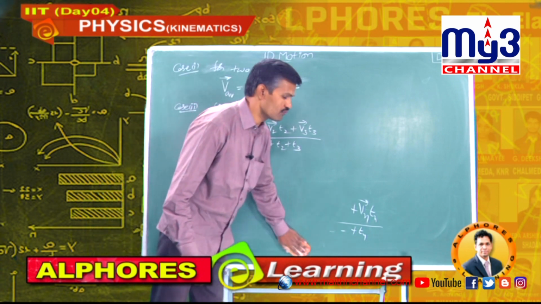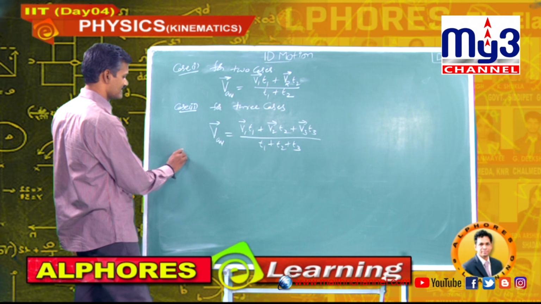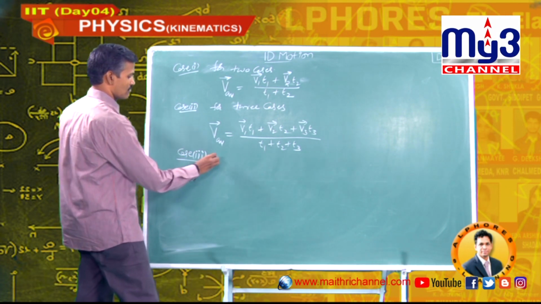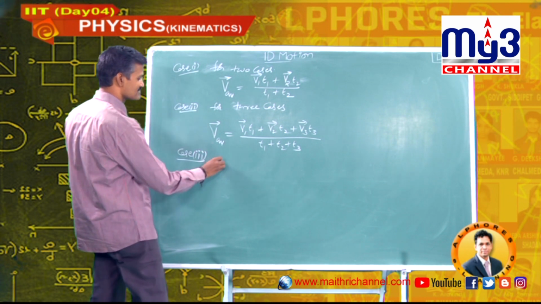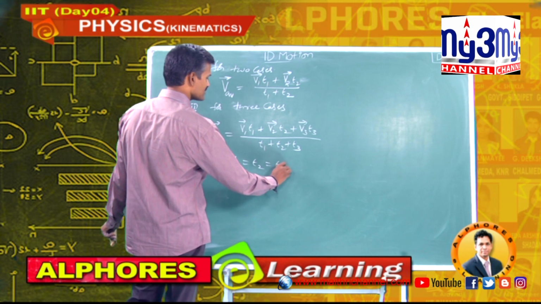I am taking one more assumption in case 3, that is, what happens to this average velocity if T1 is equal to T2 is equal to T3.